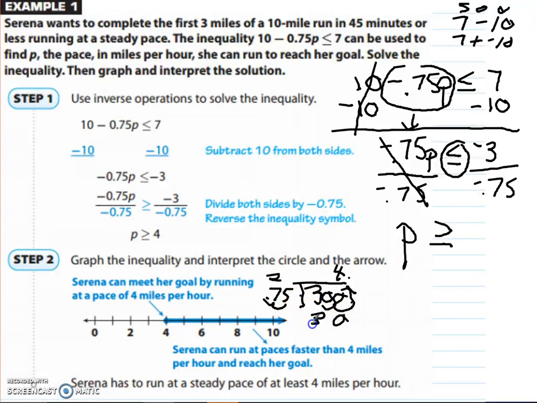Plus 2 is 30. The signs are the same, so it's positive 4. When I go to graph this, it is a closed circle, and it is going to the right because it is greater than or equal to. All right, let's look at the next one.